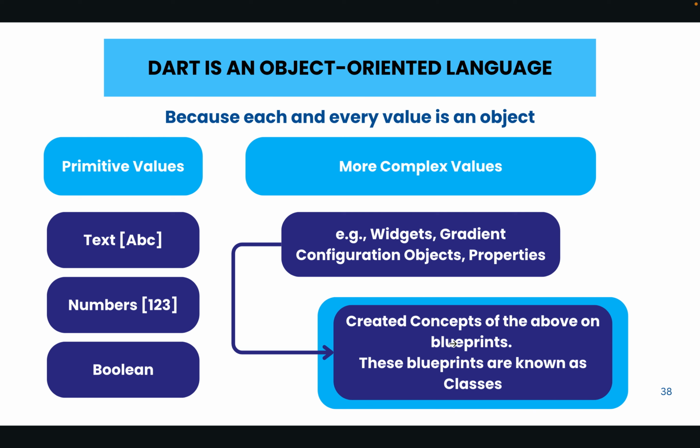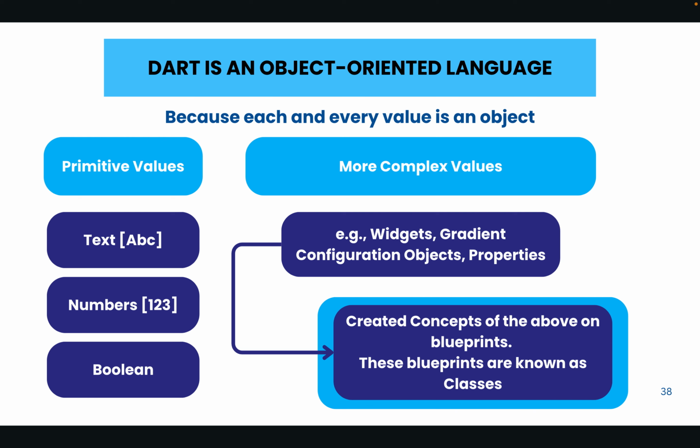That means if we need to create some kind of widgets, gradients, configuration objects or properties, we need to provide some kind of blueprint to it. What exactly will blueprints be? Blueprints will be when I just provide some values into it, and all the properties will show their effect on behalf of the values I provided to them.